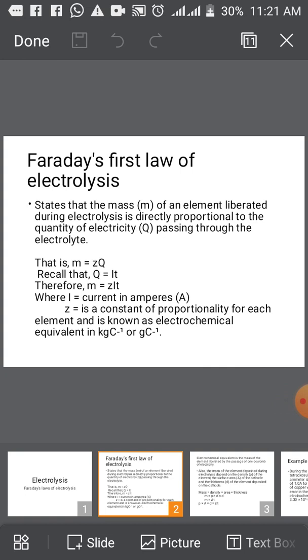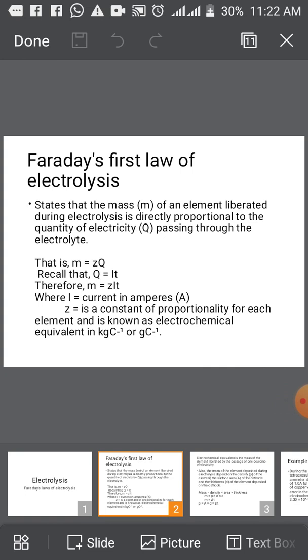That is, mass m is equal to electrochemical equivalent Z multiplied by quantity of electricity Q. Recall that quantity of electricity Q is equal to current I multiplied by time T.